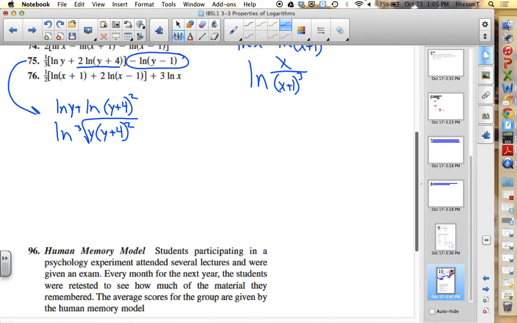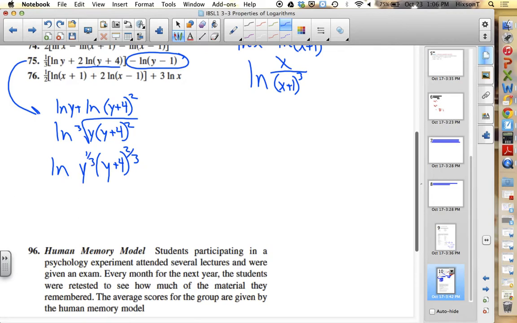Could you call it the 2/3 power? You can, as long as you have the y to the 1/3. So this is what Jacob was just asking. Can we write this as y plus 4 to the 2/3? Yes, as long as we make the y to the 1/3.